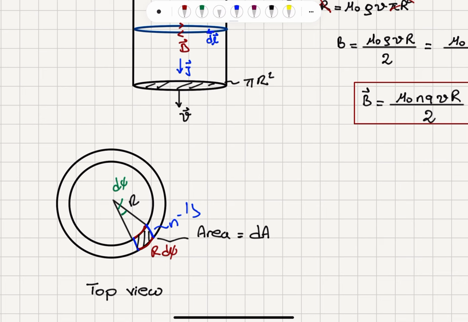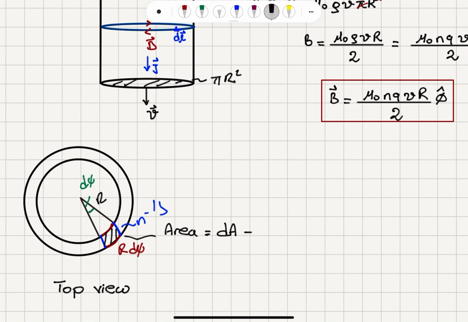So the cross-sectional area is R d phi times n to minus 1/3. That's my differential area here. Differential area is capital R n to minus 1/3 d phi for this strip.